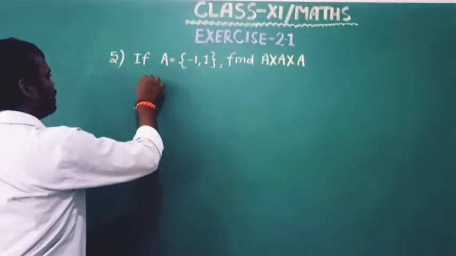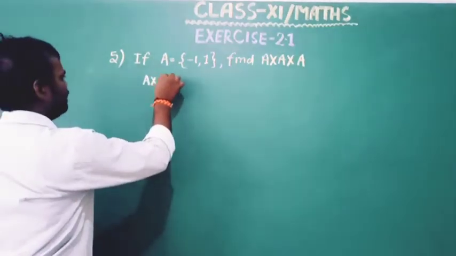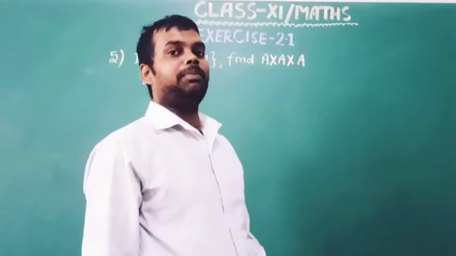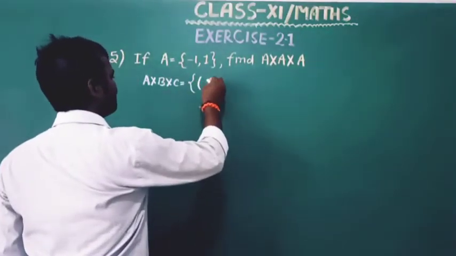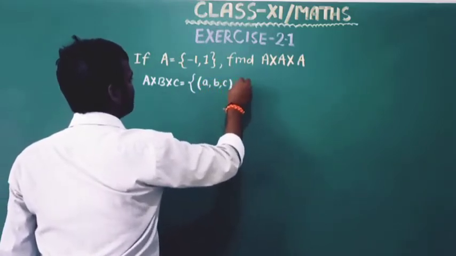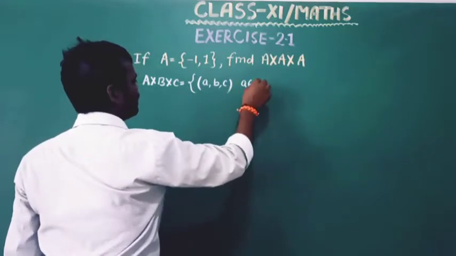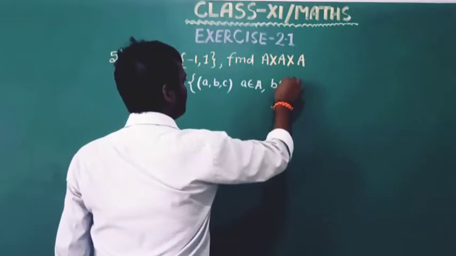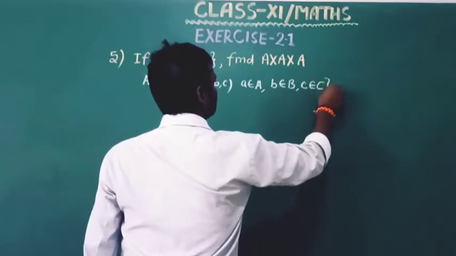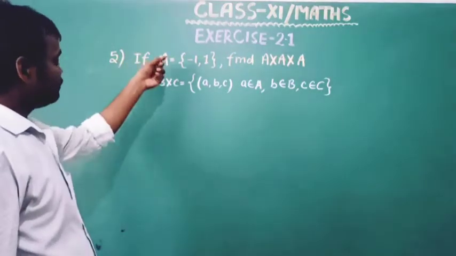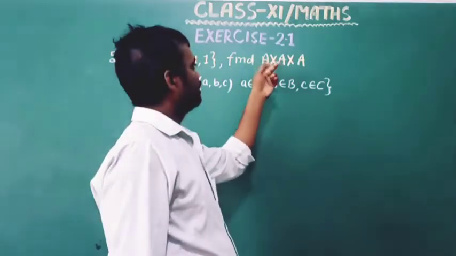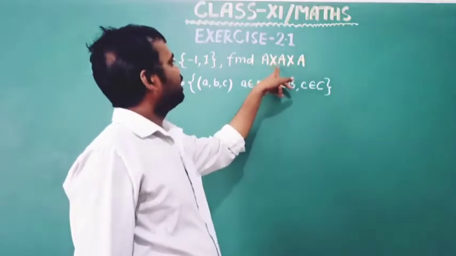Then the Cartesian product of the three sets, A cross B cross C, is equal to the set of all ordered triplets (a, b, c) such that a is an element of set A, b is an element of set B, and small c is an element of capital C. Now let us find the Cartesian product of the three sets.